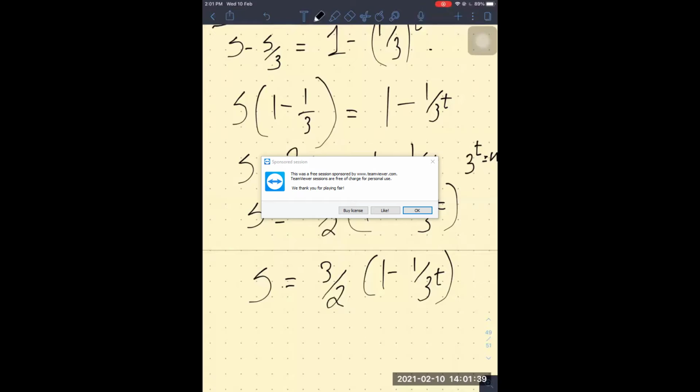And even without considering that, we can say that this thing will be less than 3 over 2, right?